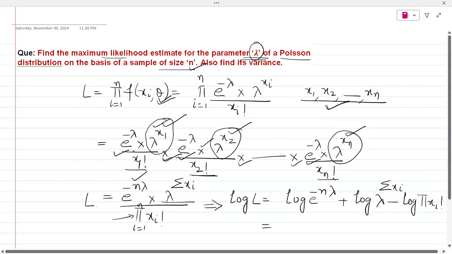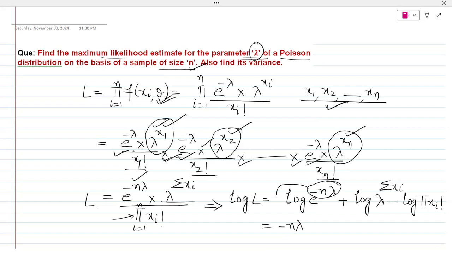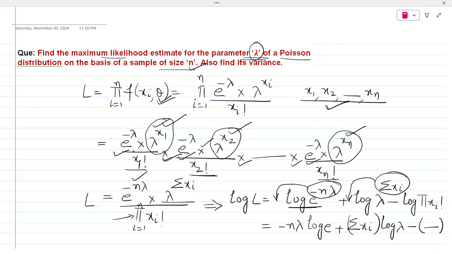So this minus n lambda will be here into log e, and the summation xi will be here into log lambda, and minus this term as it is. So this is log of L.